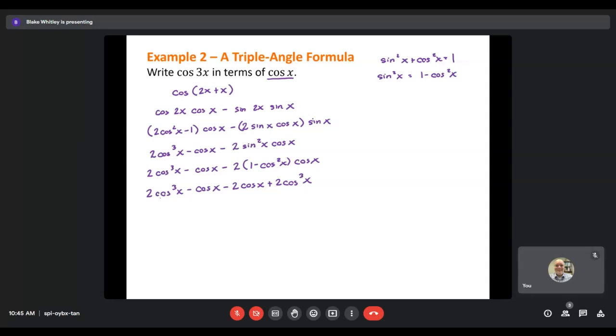Now I notice I've got some cosine cubes that I can combine. I also have some cosine x's I can combine, so let's put those together. 2 cosine cubed and 2 cosine cubed is 4 cosine cubed x. And if I combine the cosines, that's going to give us a minus 3 cosine x. And that is our final answer now. We've gotten everything in terms of just cosine x. We got rid of that triple angle.